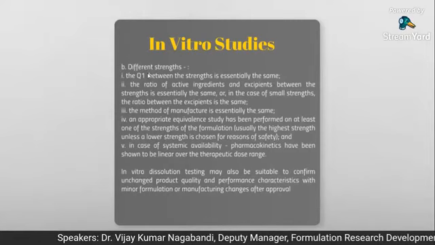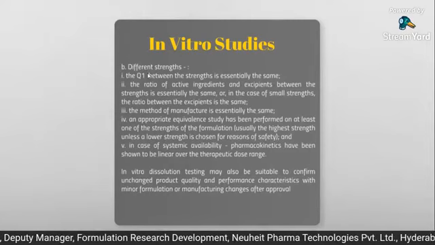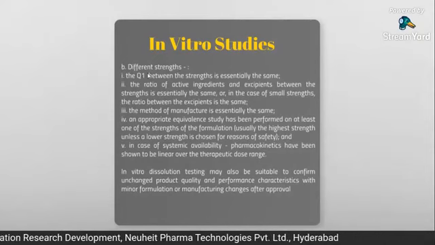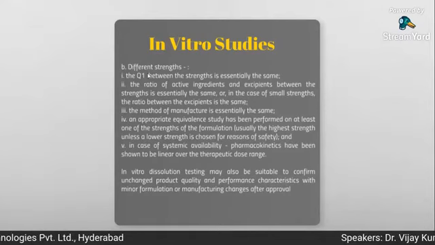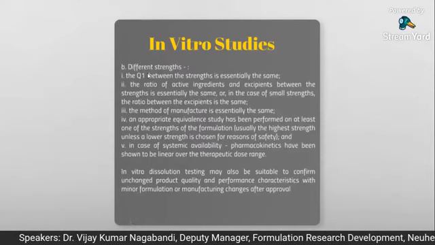For these 2 strengths, 500 mg versus 500 mg, we will do the bioequivalence test. And 250 mg versus 250 mg, there is no need to do the bioequivalence test, because your 500 mg and 250 mg strengths are dose proportional, have qualitatively the same excipients, and the ratio of drug to excipient is the same.